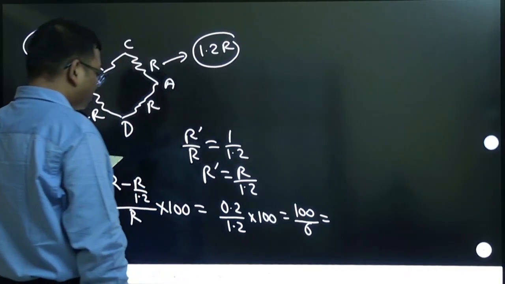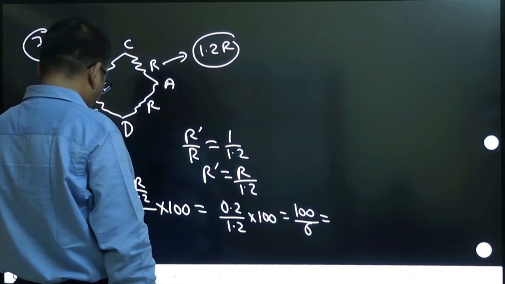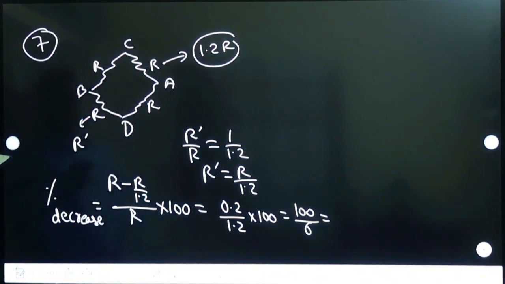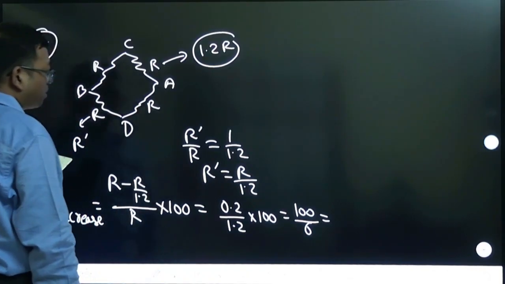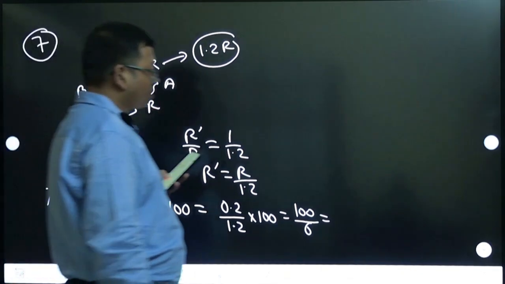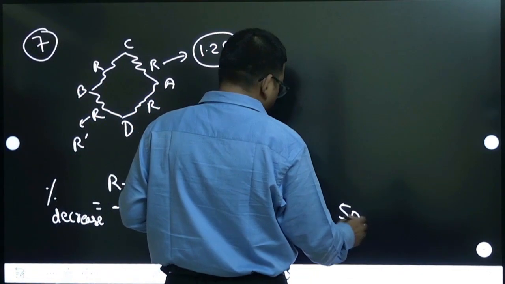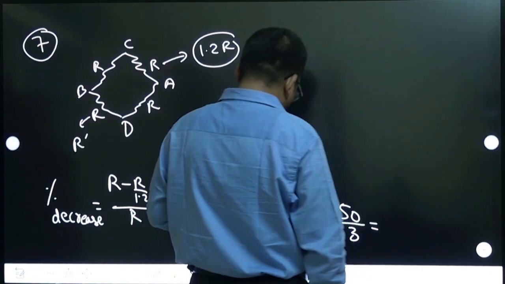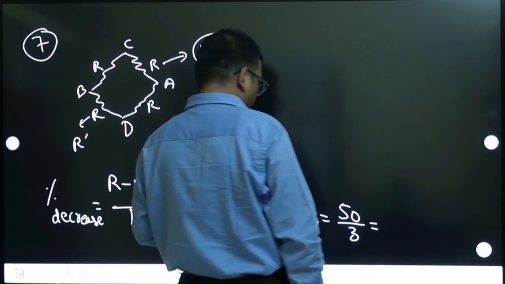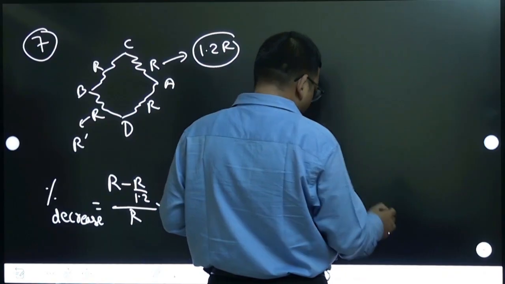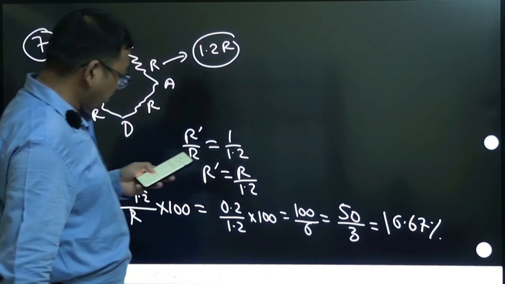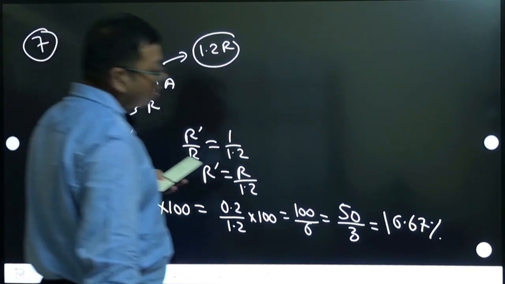Take out this. 50 by 3. 3 how much? 16.67 percentage, correct. That is the percentage decrease. Second option. Let us move to the next question.